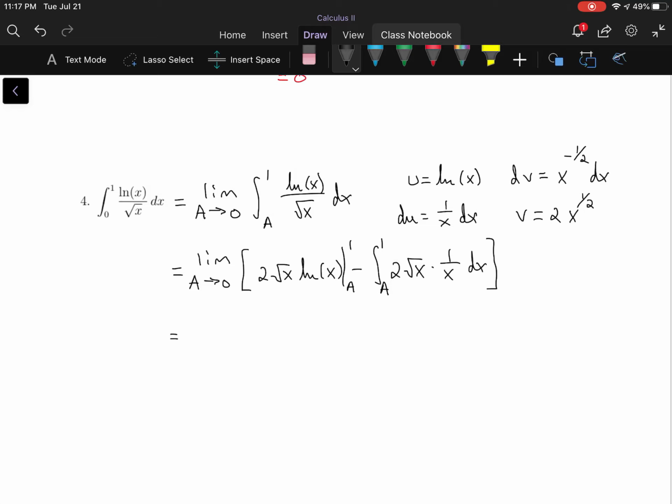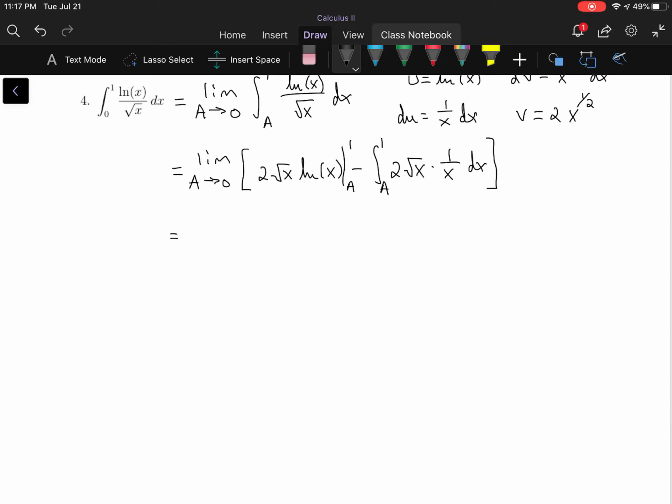So we continue our process. We've got the limit as a goes to 0. And the first term is going to be 2 times 1 times the natural log of 1, which is 0. So that zeroes out, minus 2 root a times the natural log of a, minus, now we've got the integral, the x to the 1/2 over x, or x to the 1/2 minus 1, is going to be x to the negative half.